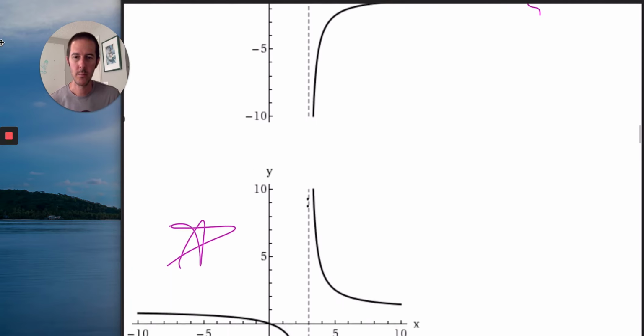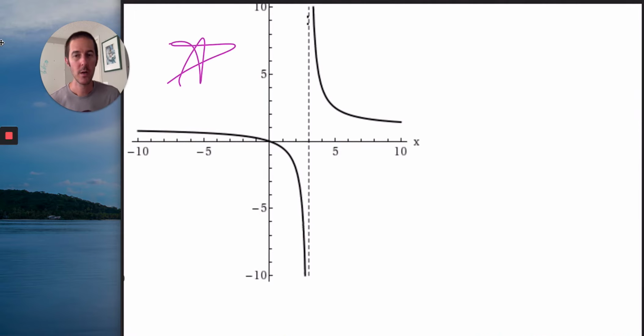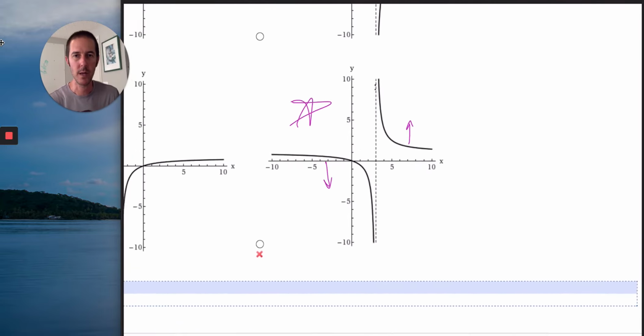And sure enough, on this graph, which is the correct answer, everywhere on this graph to the left of, or less than, x equals 3 is concave down. And everywhere to the right of x equals 3 is concave up. So we were able to use the second derivative to confirm that that is the right answer.